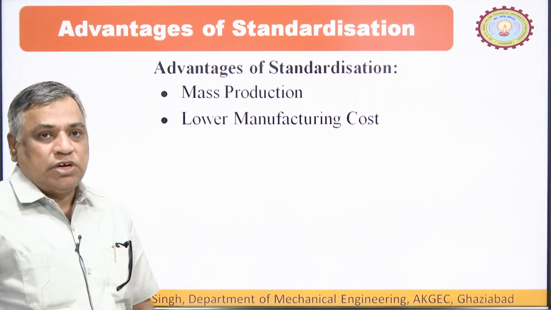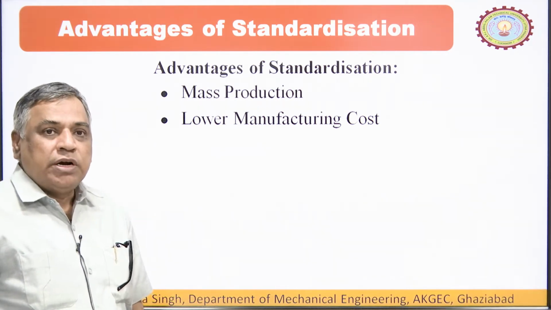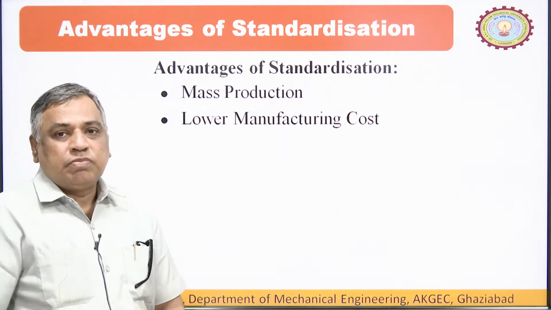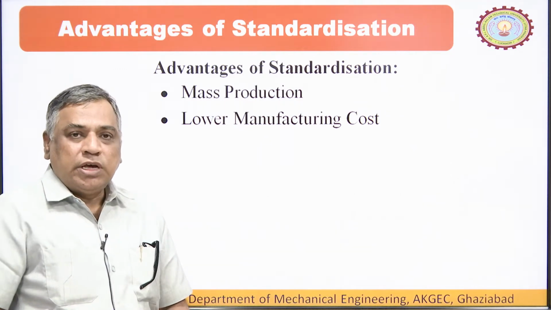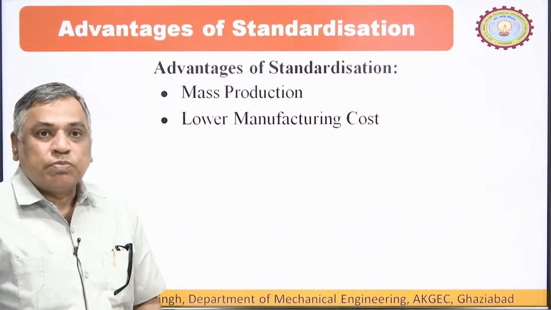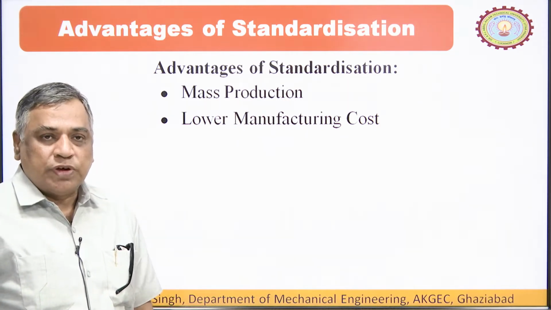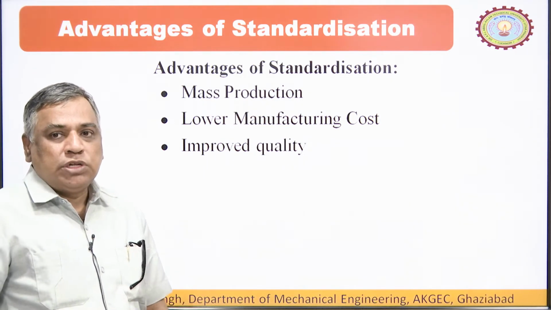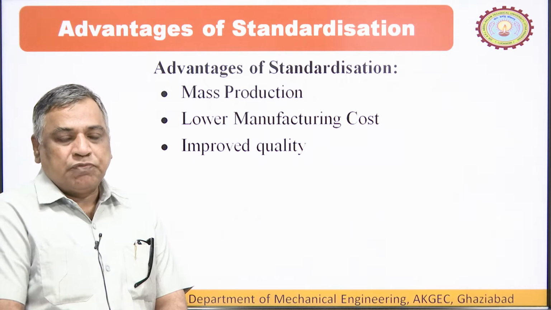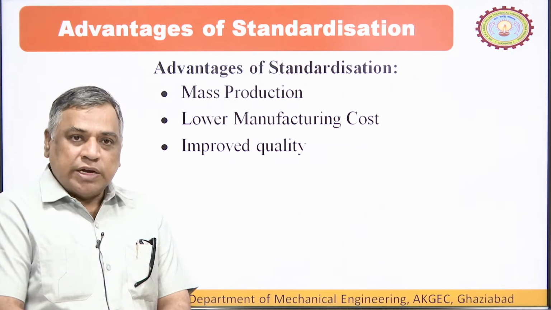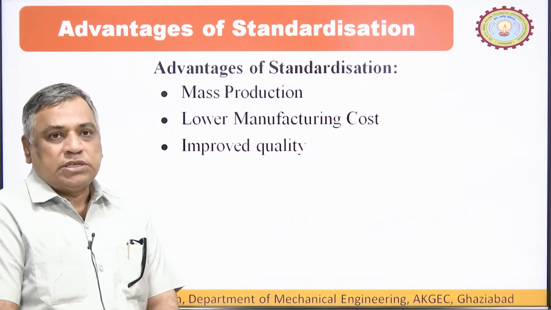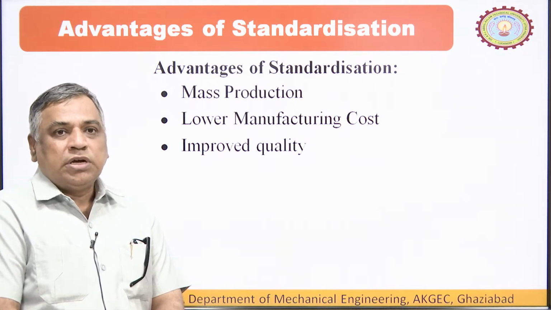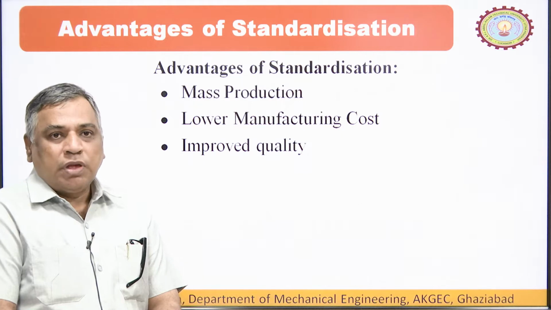Lower manufacturing cost, as I have already discussed, because of mass production the changeover time is reduced; with the same arrangement the production is done, so lower manufacturing cost. Then improved quality. If we are using standard materials, standard items, standard elements in any system, then definitely it will work with high reliability and the product quality will be high.